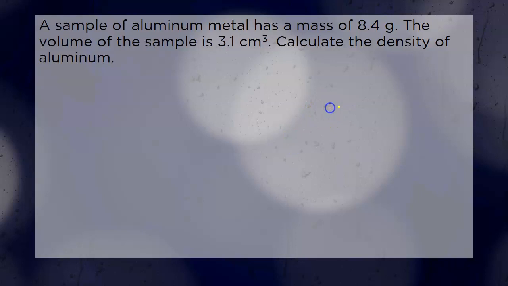So 45.65 grams over 16.9 cubic centimeters. Notice here again, I'm going to get that long string of numbers, but I'm going to write 2.7. I have to decide, is it 2.7 or 2.70? I'm going to write 2.70 grams per cubic centimeter. Anybody have any ideas why I might do that?